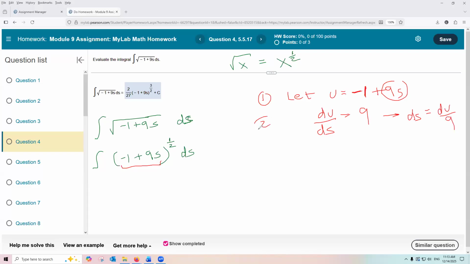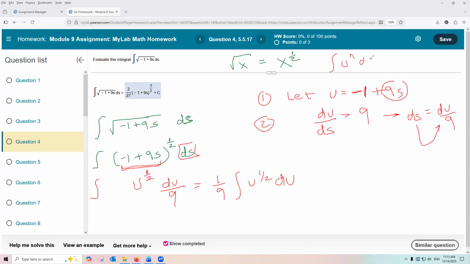All right, let me go back to the original integral. This parenthesis was u, so that's u to the 1/2. In place of ds, I'm going to drop in du over 9. All right, let me move this 1 over 9 out in front of the integral. Maybe that's a little easier. Now I can make use of the rule: the integral of u to the n is u to the n plus 1 over n plus 1.